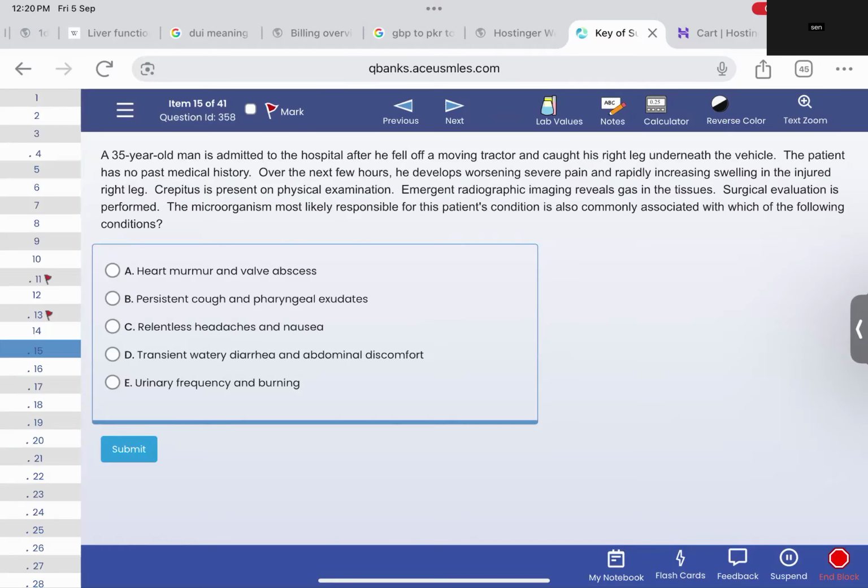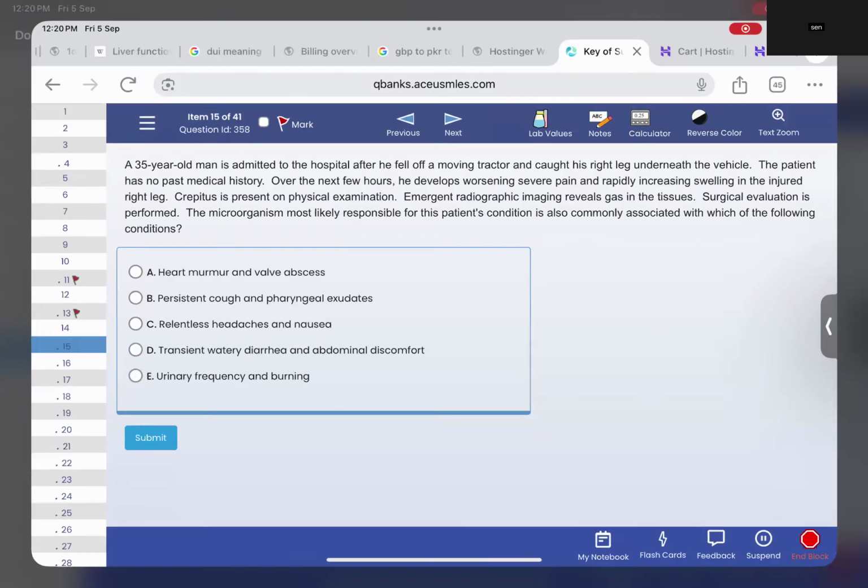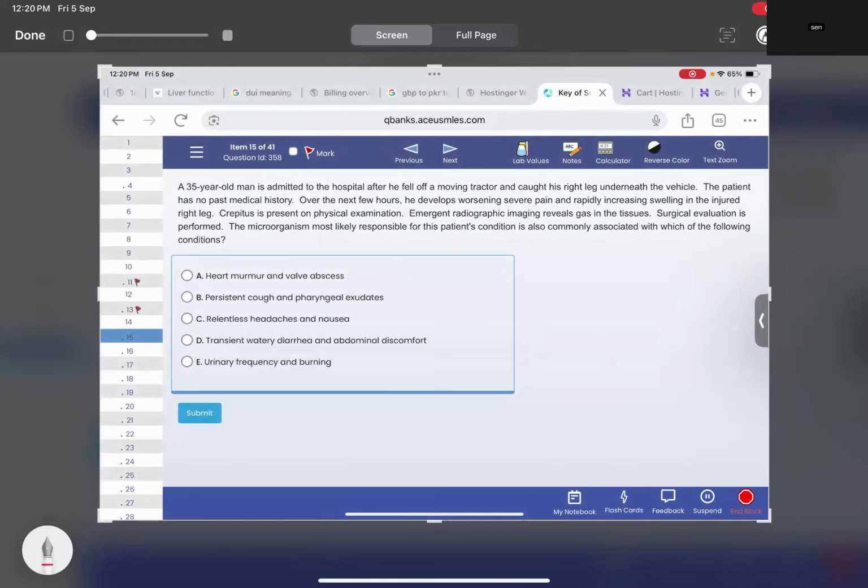Crepitus is present on physical examination. Emergent radiographic imaging reveals gas in the tissues. Surgical evaluation is performed, and the microorganism most likely responsible for this patient's condition is also commonly associated with which of the following conditions?